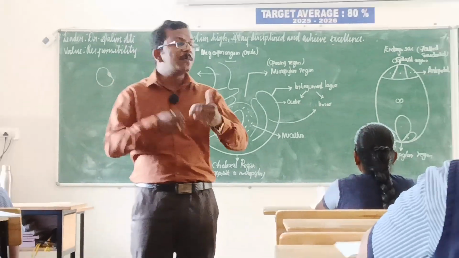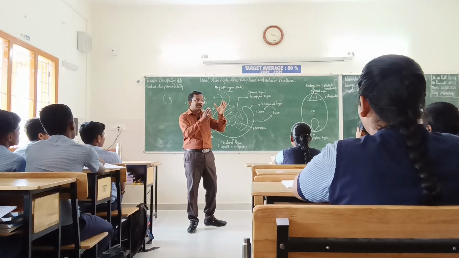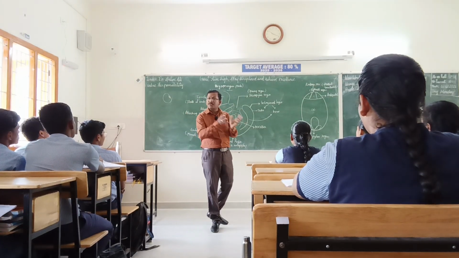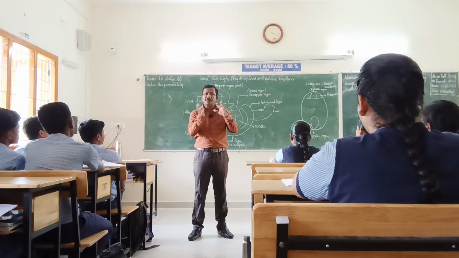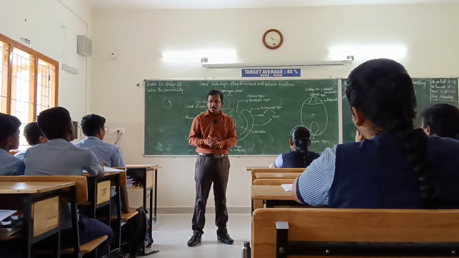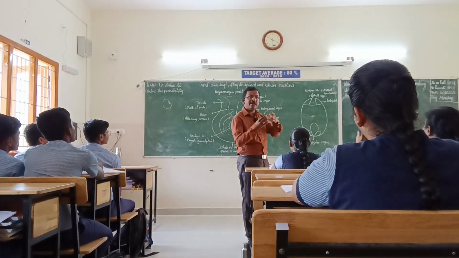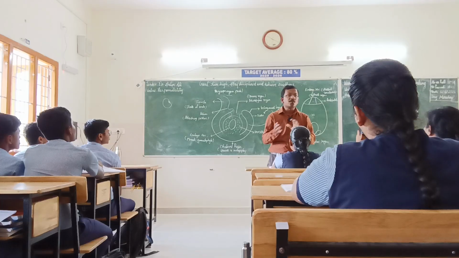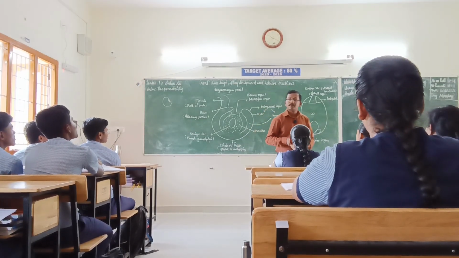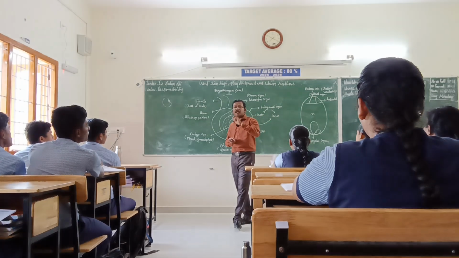Suppose you are observing the gamete cells. In the case of gametes, the diploid chromosome number is converted to haploid, so 46 chromosomes become 23 chromosomes only. By what process? Meiotic division. As a result of meiosis, diploid cells convert into haploid cells.